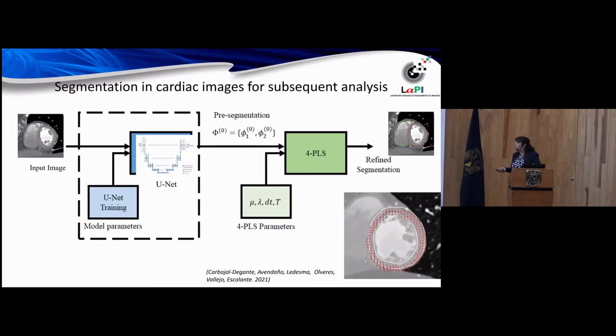And from here, I can do, as I said, a lot of analysis after that, like maybe getting some parameters, or even calculating the optical flow of the heart. So that's something that is hybrid.